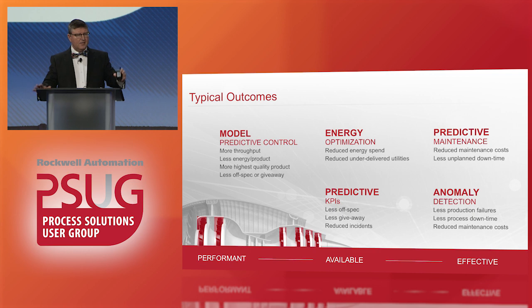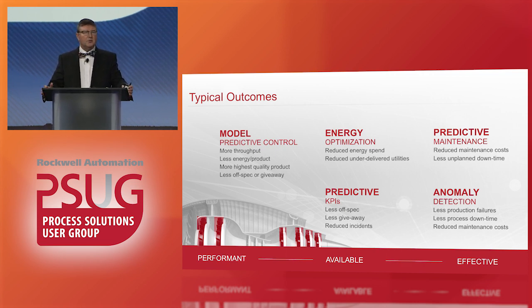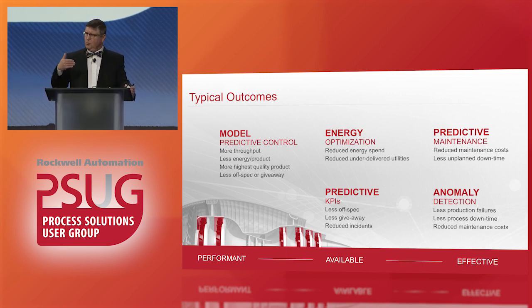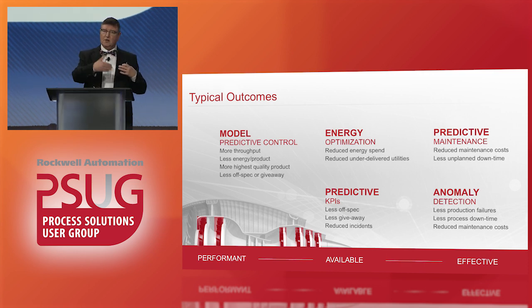When you look at the different opportunities, there's some confusion that customers come back with. They ask, does one replace another? Is there an overlap? Should I do one before another? That's an awesome question. What I see is that model predictive control and energy optimization drive best performance when things are going well.